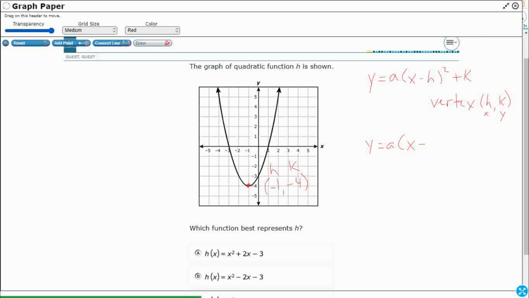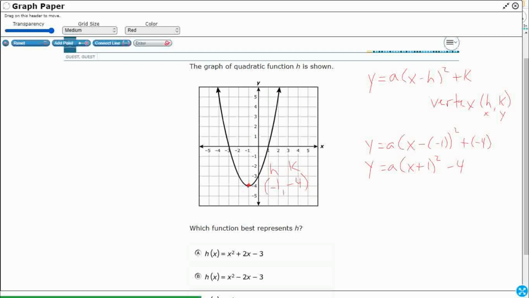My h is going to be -1, so it'll end up being a +1. And then plus my k, which is -4, plus -4. So we'll simplify that: y equals a times x plus 1 squared minus 4.